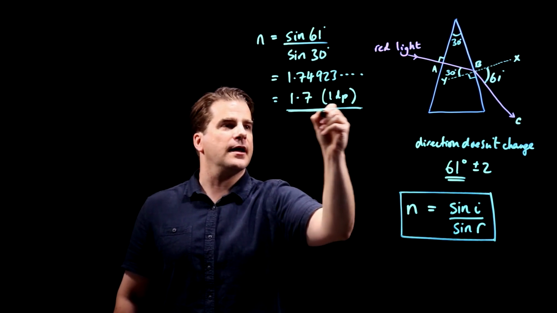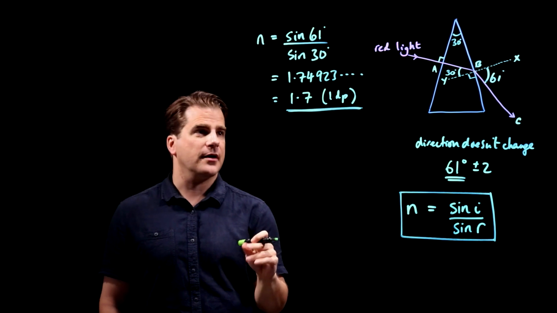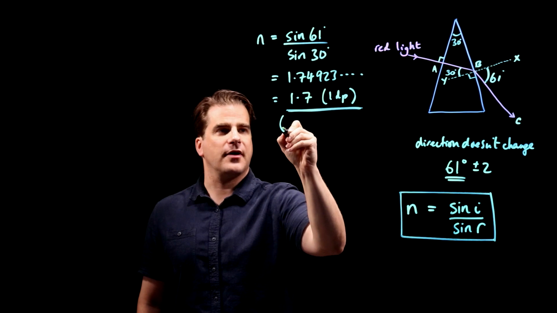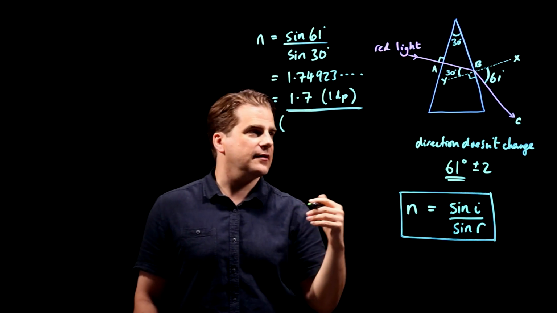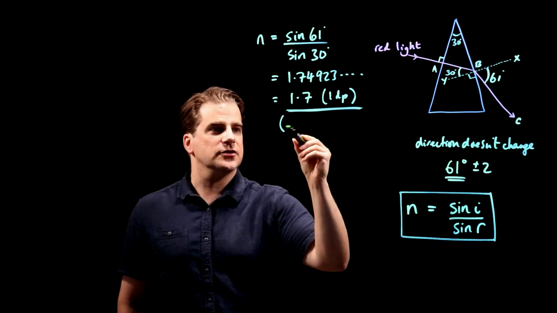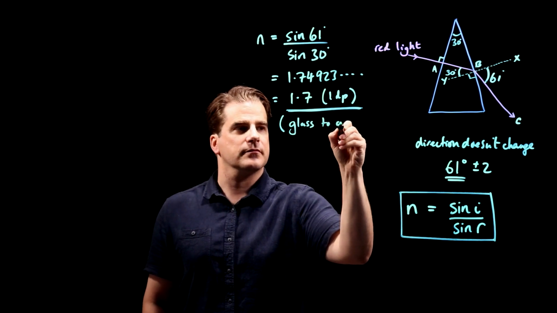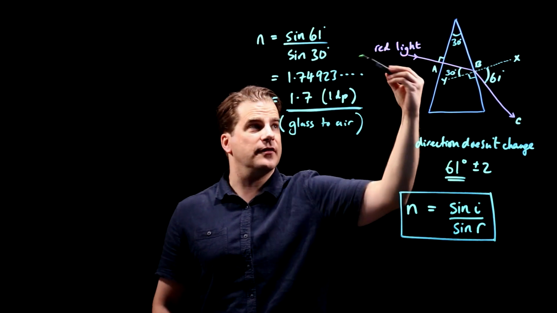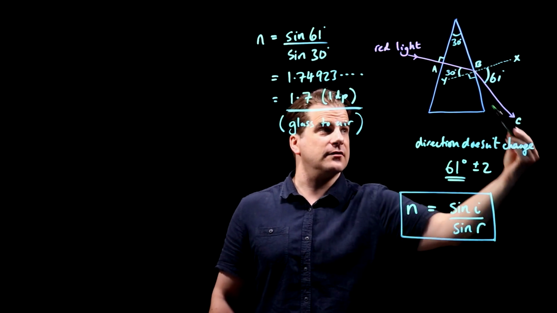Okay, now, to show the examiner you know what you're talking about, just put in brackets that the refractive index should always be given from glass to air. Okay? If the ray were travelling in this direction, the opposite way it is in the question, then that would definitely be the angle of incidence, right?